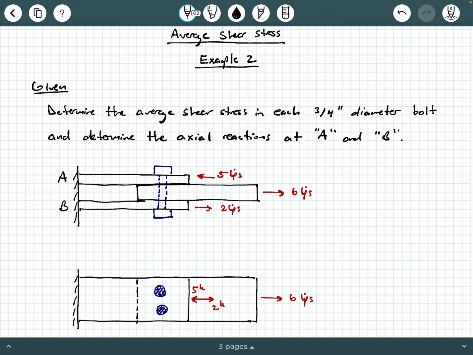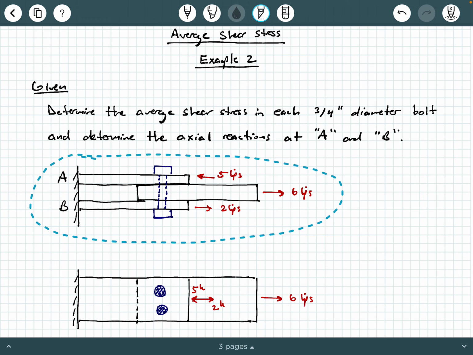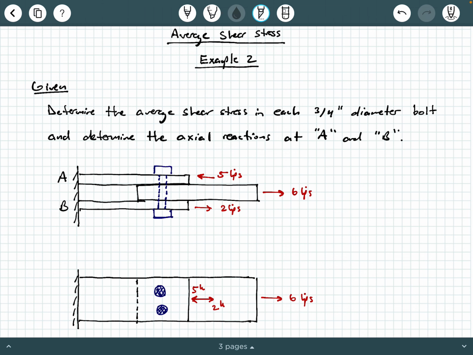The first figure we have here is a side view of 3 plates that are bolted together. Notice we have a diagram of a bolt passing through all 3 of these plates. So I'm going to make a note here. This is a side view, we're looking at it on the side.